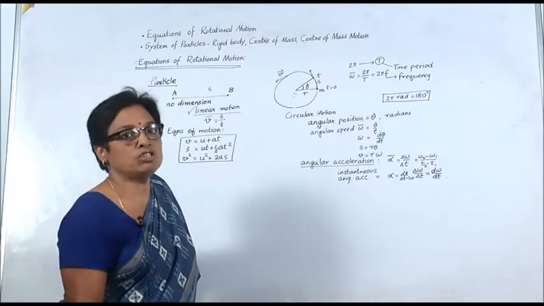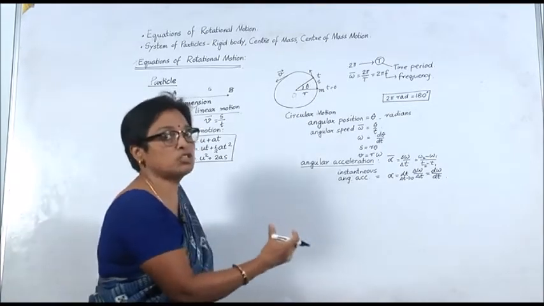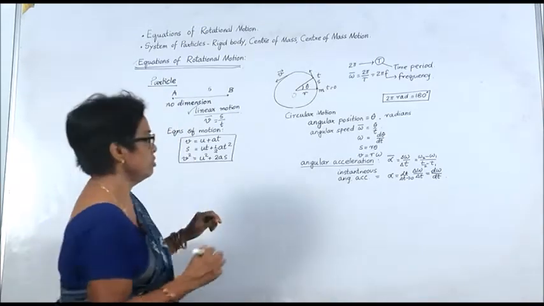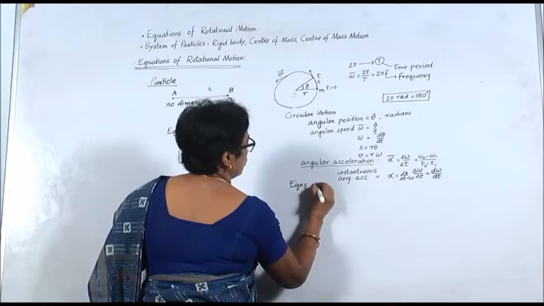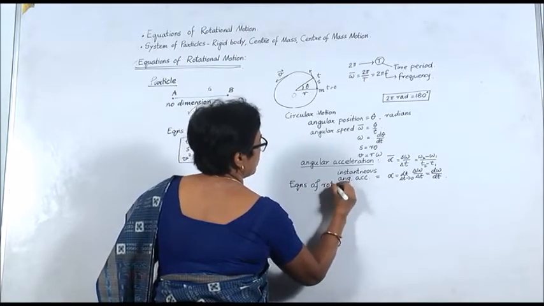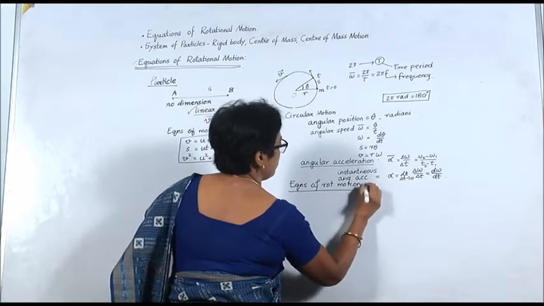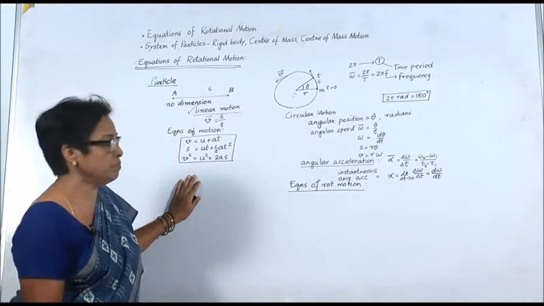What are the equations of motion in the angular case, in the case of circular motion or rotational motion? Those are the equations of rotational motion. To derive them, we will go through the same methodology that we followed in the case of linear motion.